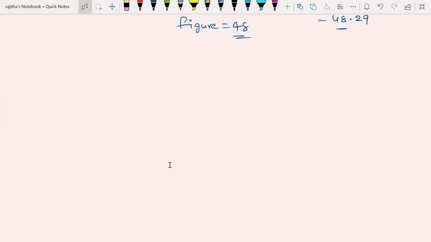Let us discuss one more problem: find the number of digits in 81 to the power 21.